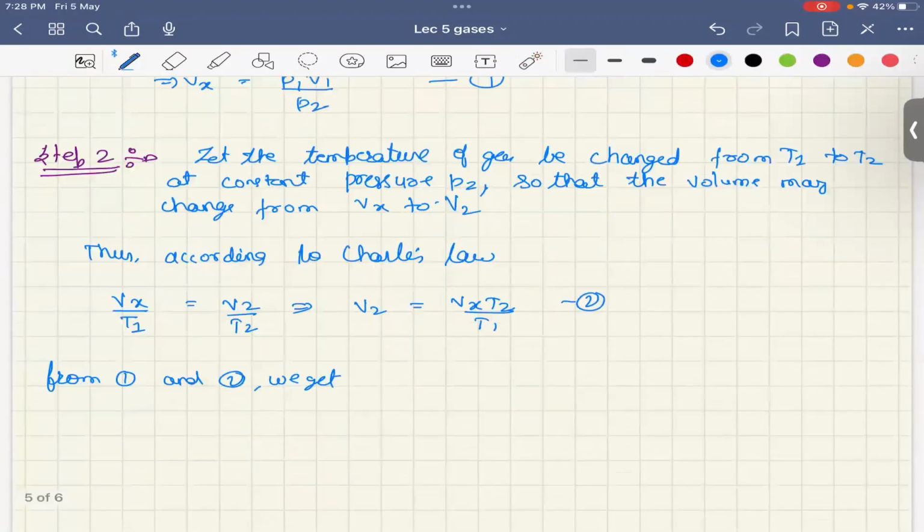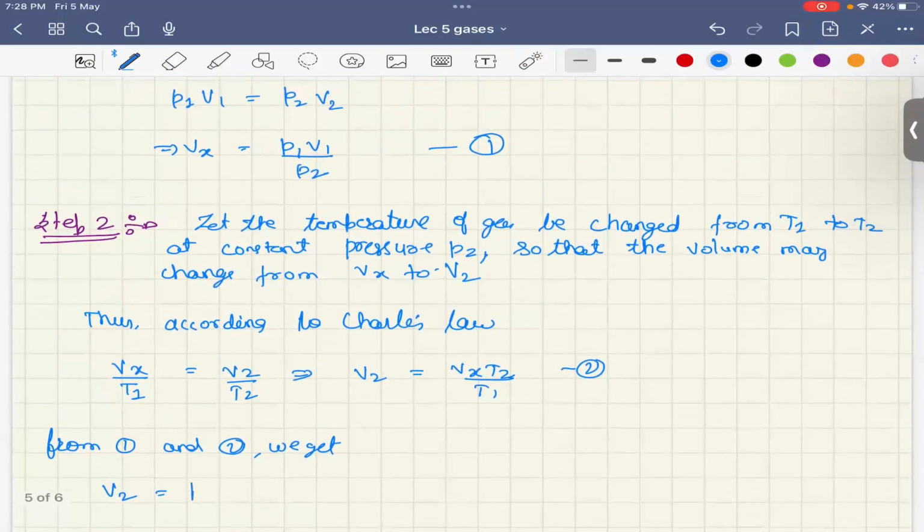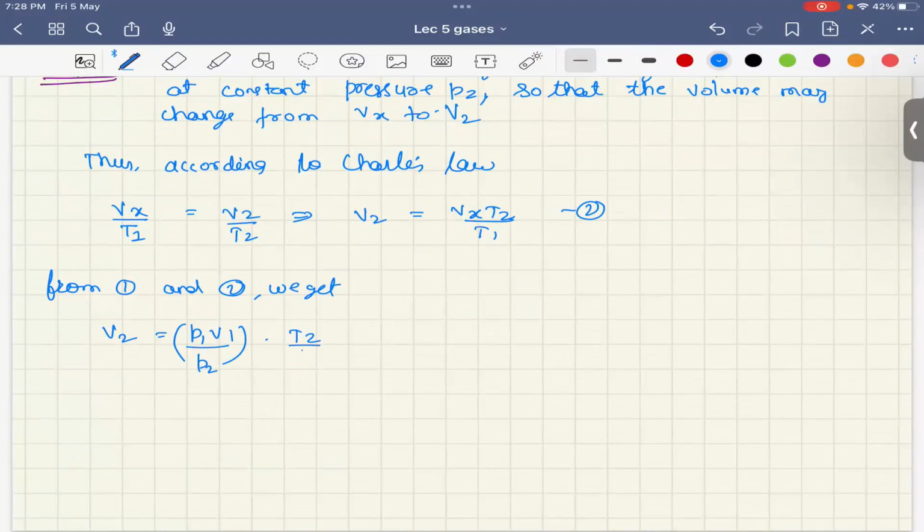Then what we get is V2 is equal to P1 V1 by P2 multiplied by T2 by T1, right?